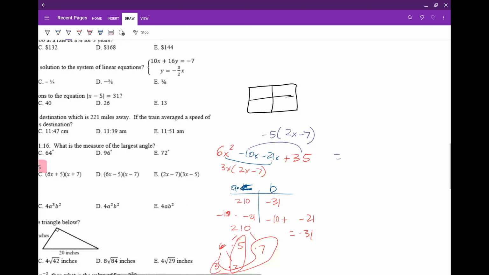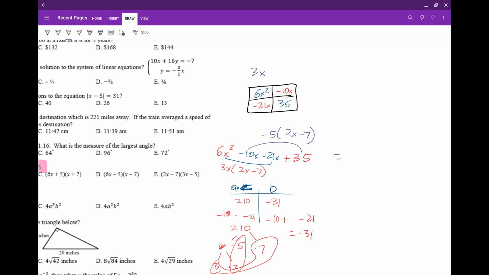And before I get the answer, let me do factoring by the box method. So you have 6x squared, 35. Your middle components are negative 10x and negative 21x, right? So then the same thing pretty much. The greatest common factor of that is going to be 3x.